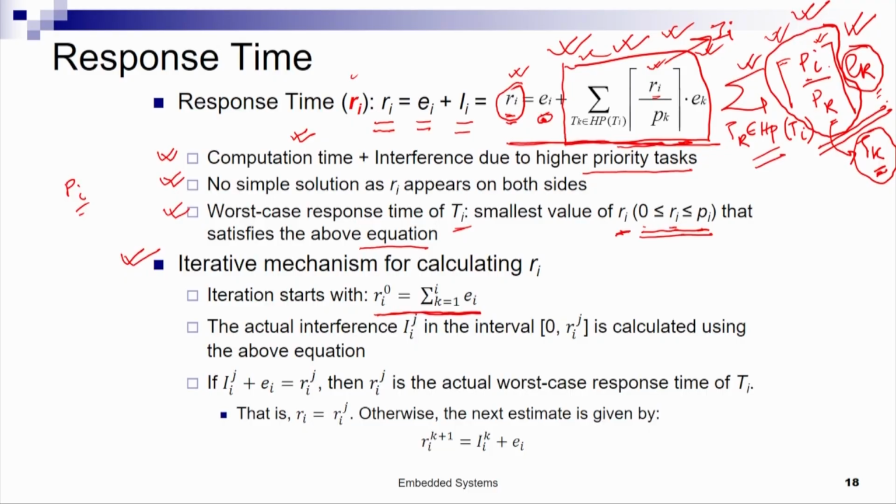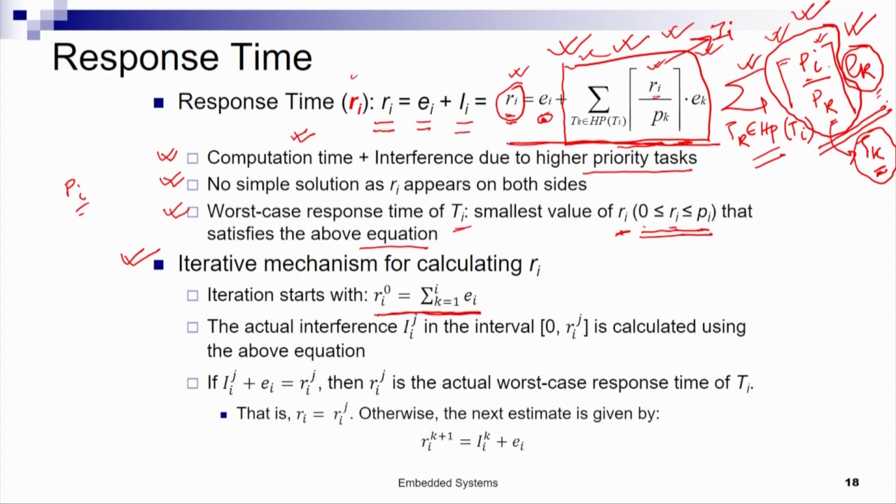Similarly, we will have I^0, which is the estimate of the interference caused at the 0th iteration, I^1 is the estimate of the interference caused at iteration 1, I^2 is the estimate of the interference caused at iteration 2, and so on.